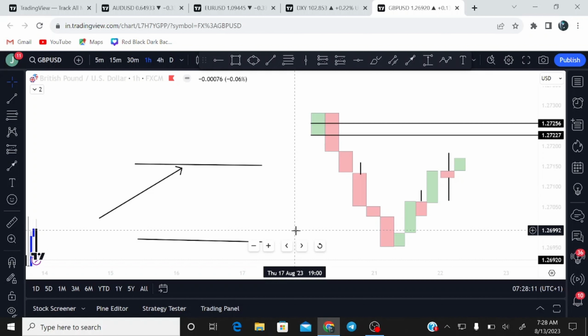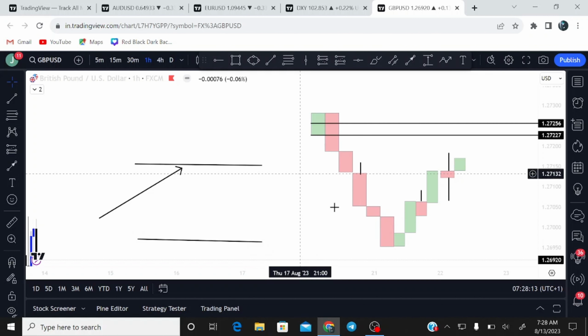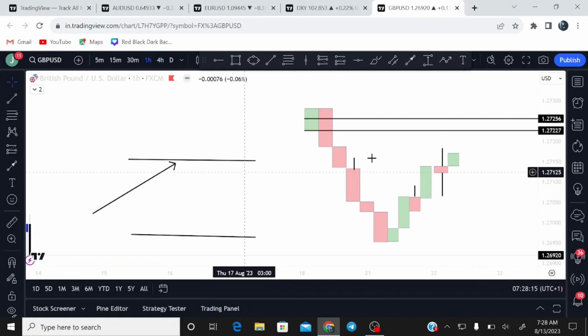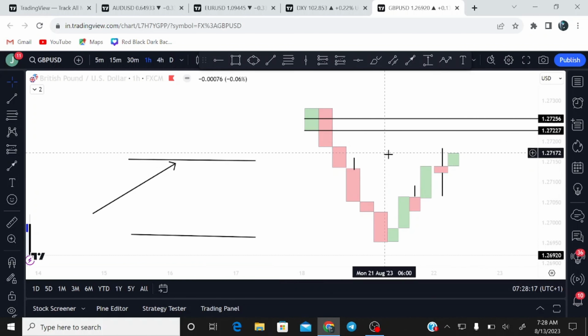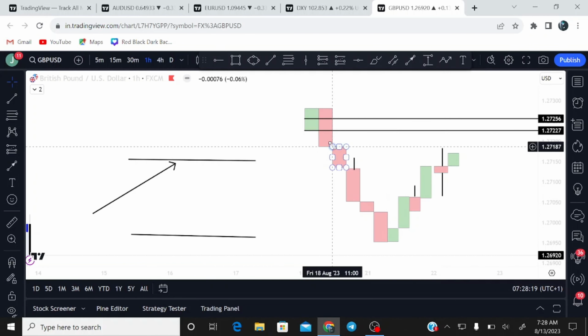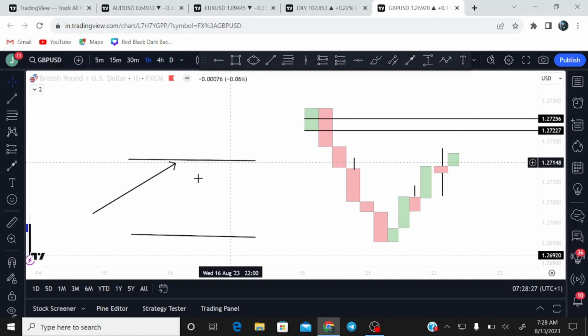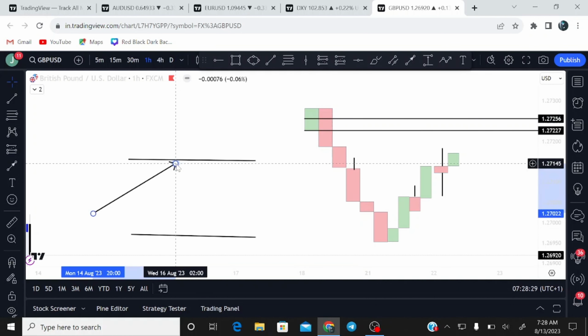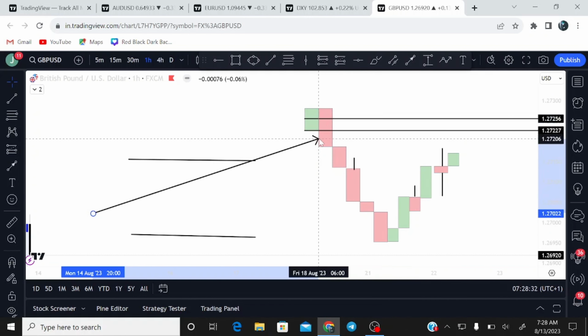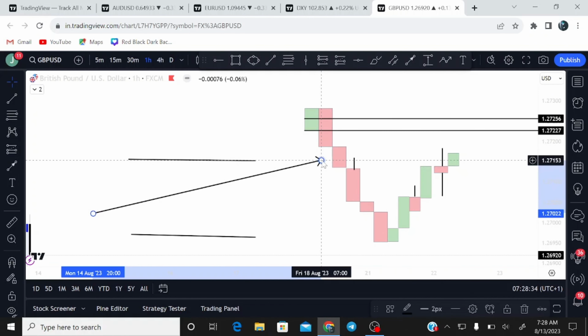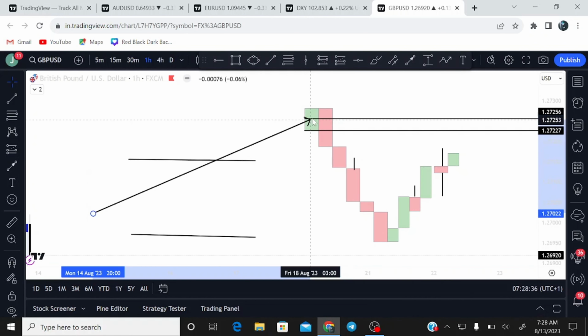That is just one major way to identify an order block, right? But sometimes it does appear as a weak candle, not necessarily a full-bodied strong candle. So what we can see here in this little drawing that I just made is that this is the last buy candle.